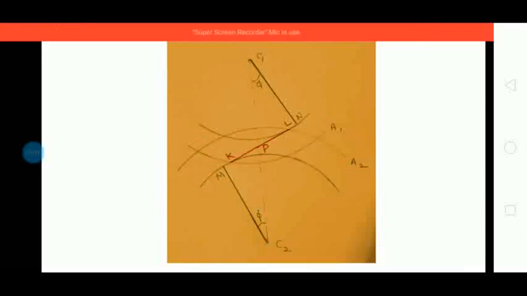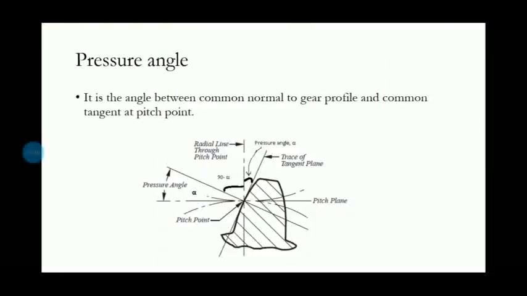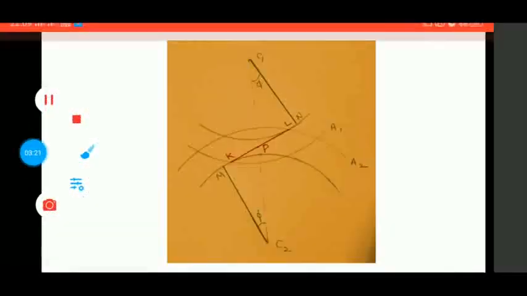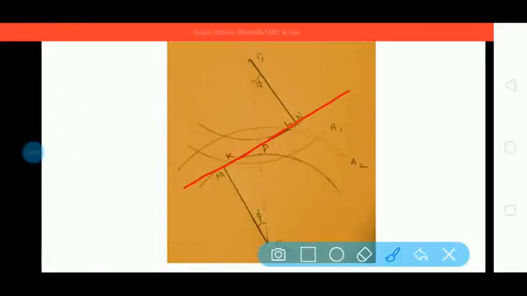And which one is your normal to the teeth profile? The line MN will be the line which is normal to your teeth profile, because we know that this is a tangent to both base circles, and base circle means where the teeth begin. Teeth begin at the base circle; below that there is no teeth.